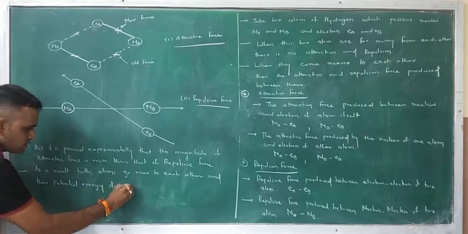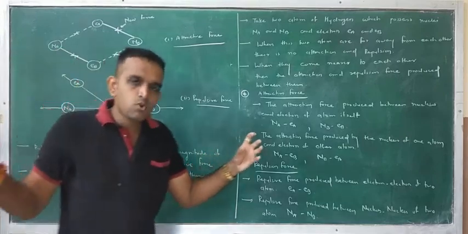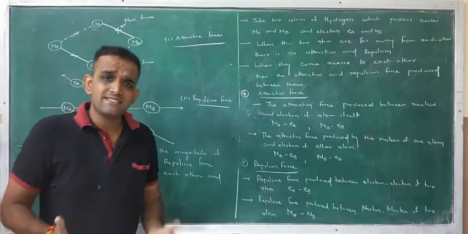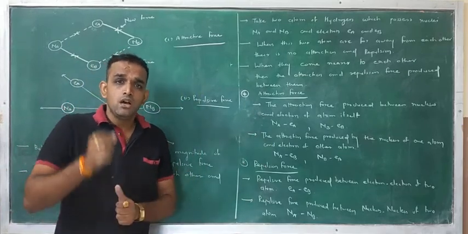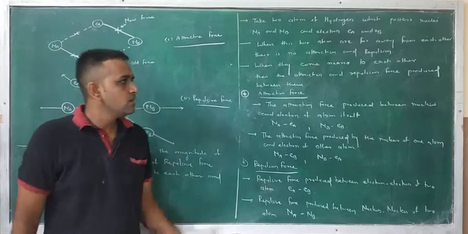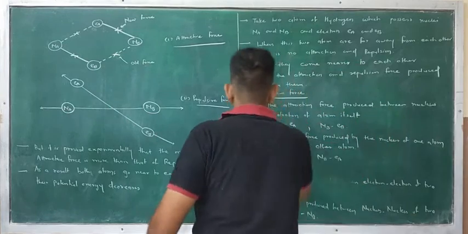Right? When the two atoms come close to each other, its potential energy will be decreased. Up to how much extent will it become close to each other? Until the attraction force neutralizes the repulsion force. Right? Up to that much extent it will become close to each other.